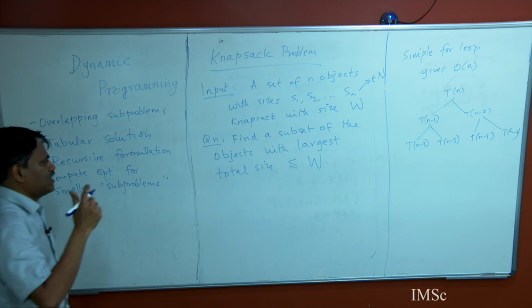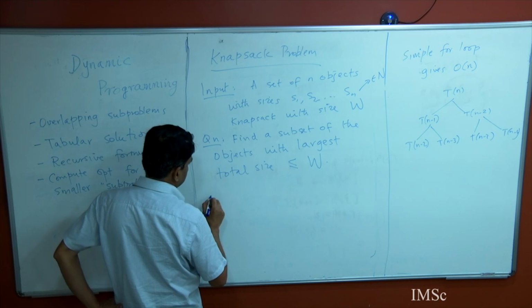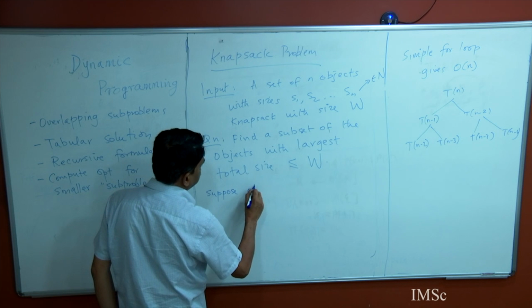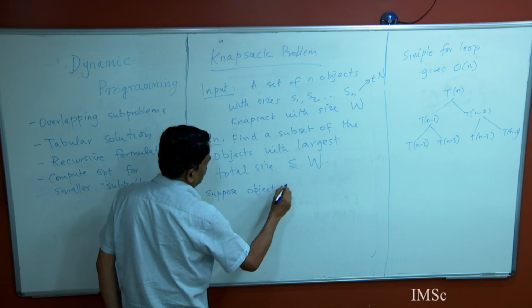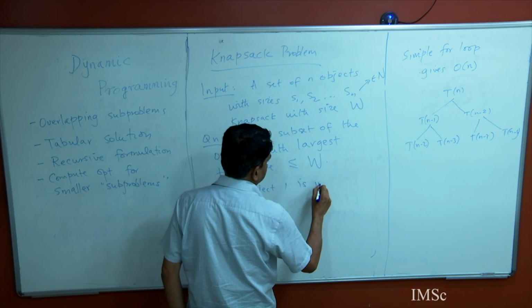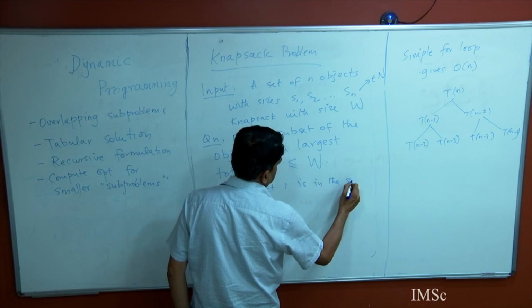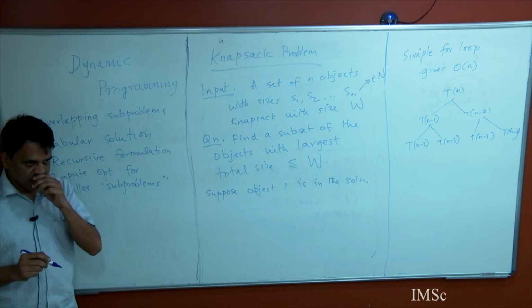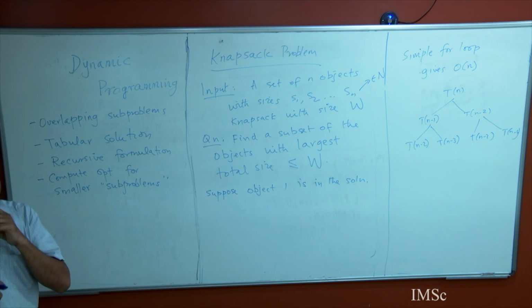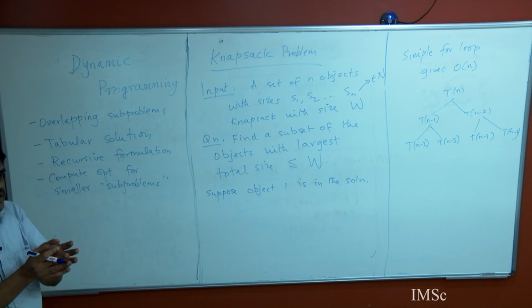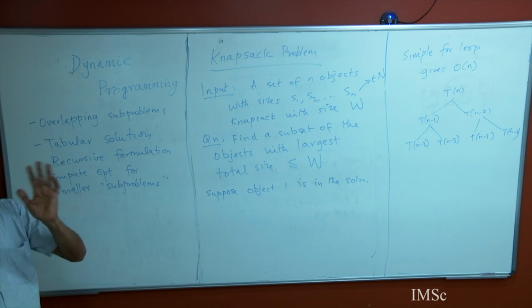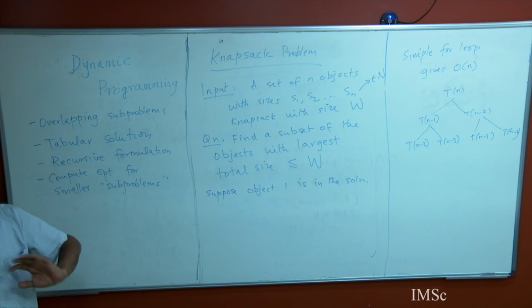So suppose object 1 is in the solution. Okay. Then what would be the remaining subproblem we have to solve? Suppose somebody told you that, hey, don't bother, 1 is in the solution.